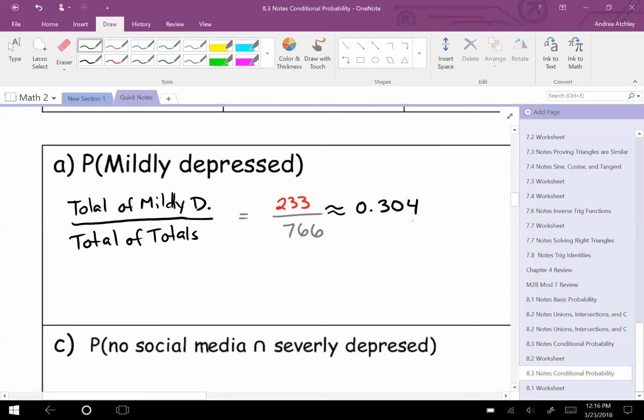Okay, does the 4 make the 0 go up? No, so it's just 30%, about. Any questions over that? Okay, you guys do the next one.